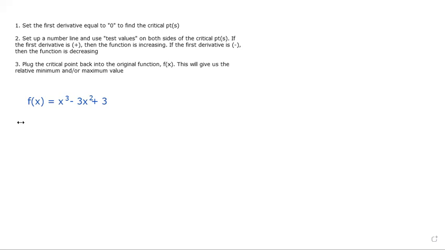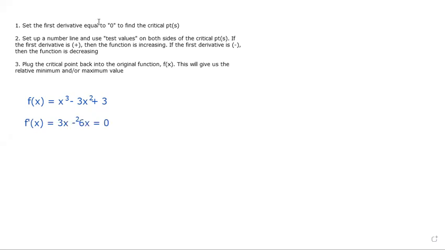So the first thing we want to do is set the first derivative equal to 0. So that's going to give us 3x squared minus 6x is equal to 0. Of course, we know that the derivative of that constant, 3, was just 0.